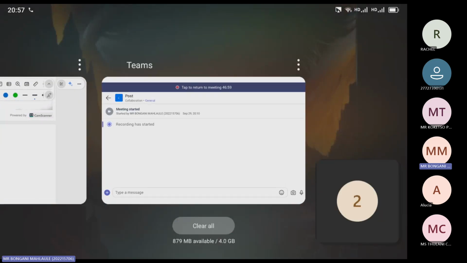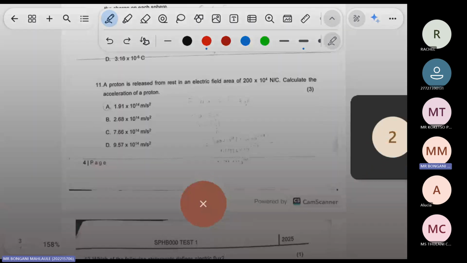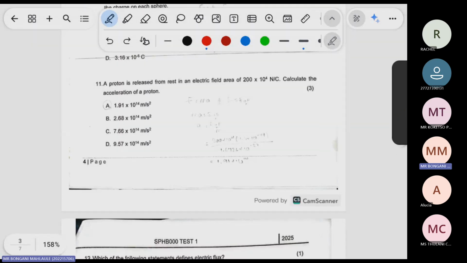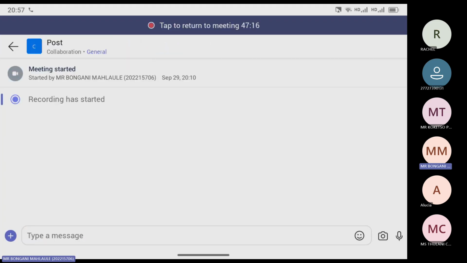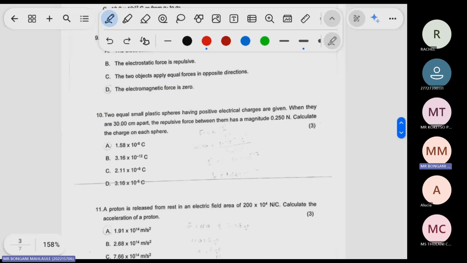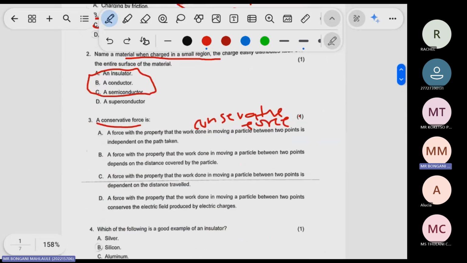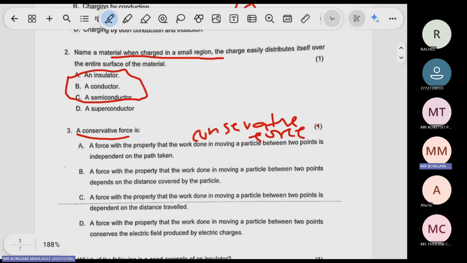Guys, you guys are not even attempting. Attempt the second one. What's the answer on the second one? Or at least, if not the second one, the third one.